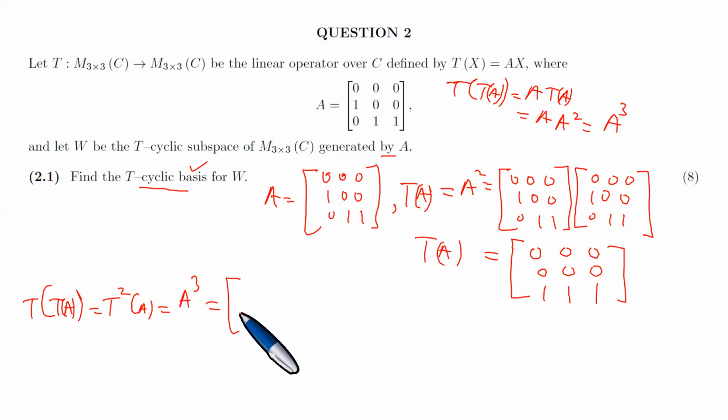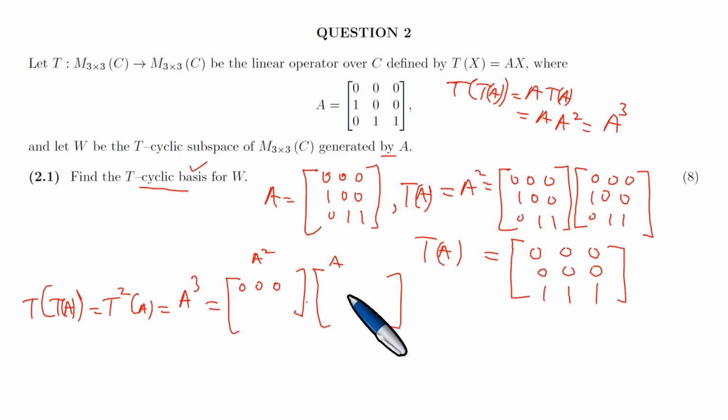What is the cube of the matrix A? You can look at it in two ways. To get the cube of A, you take the square of A times A. A squared is 0, 0, 0 and so on, and A is 0, 0, 0, then 1, 0, 0, and 0, 1, 1.